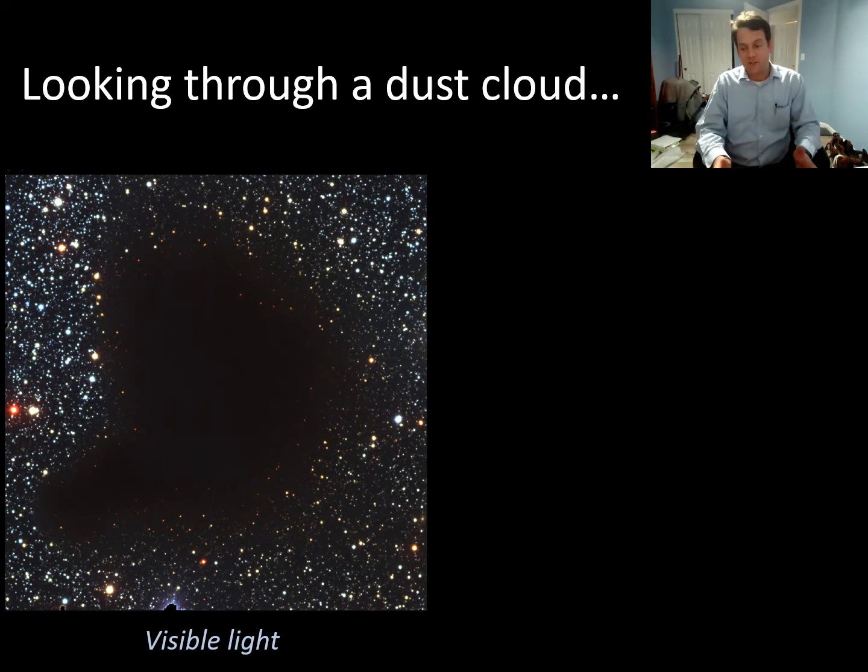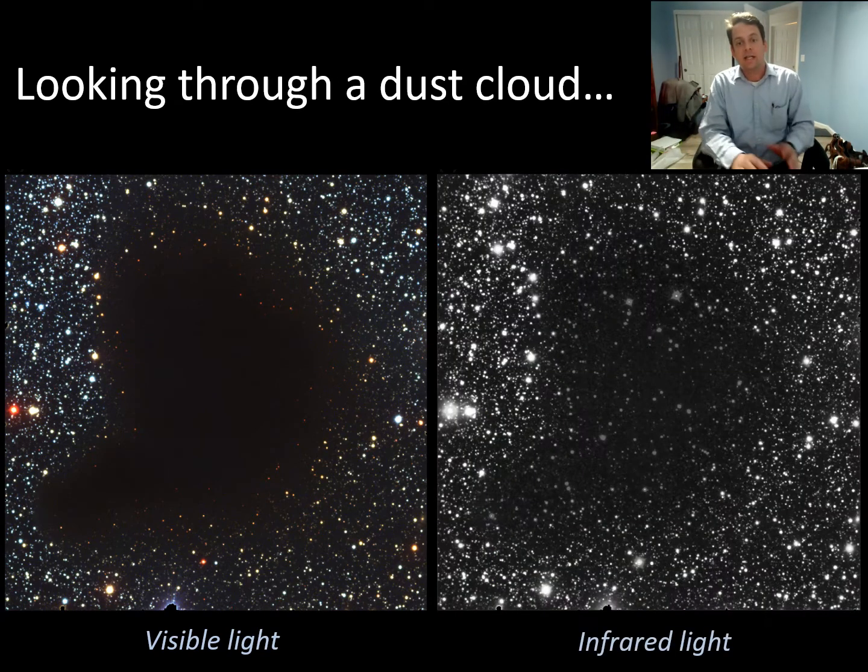Well, one way to answer that question is to look not at the visible light, but to look in a different part of the spectrum, in particular, the infrared part of the spectrum. And the reason is that red light, and even more than red light, infrared light, travels through gas more easily than does the rest of the visible and certainly the ultraviolet part of the spectrum.